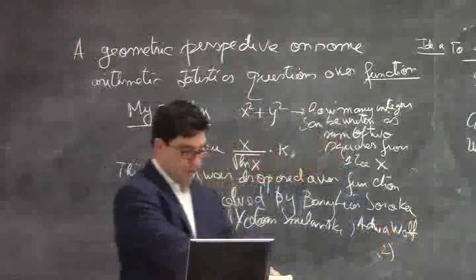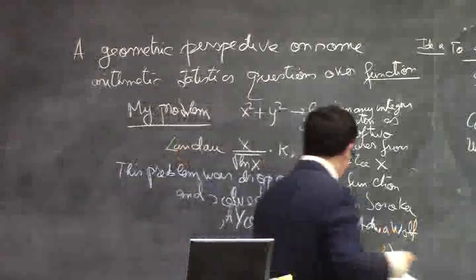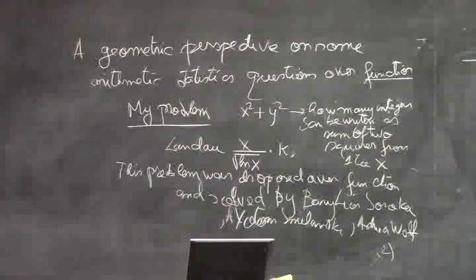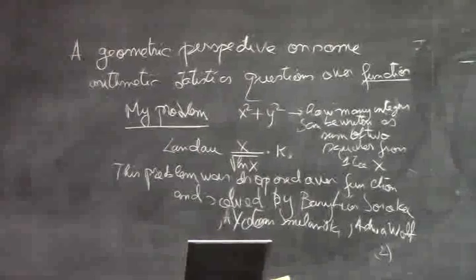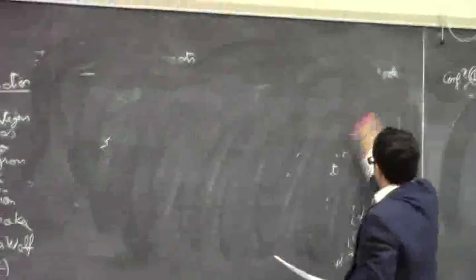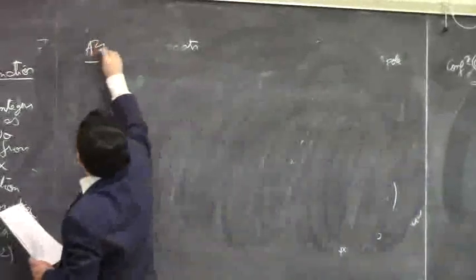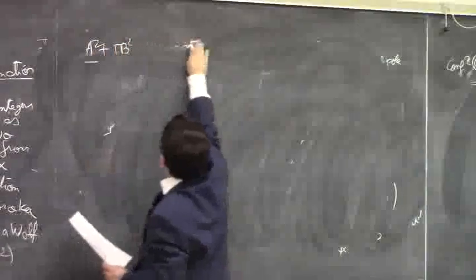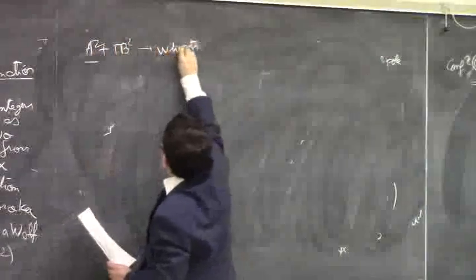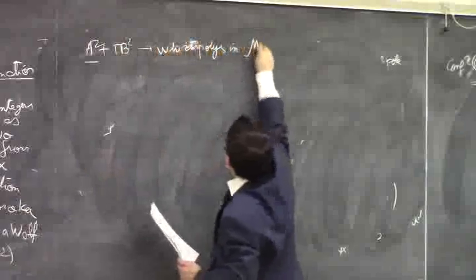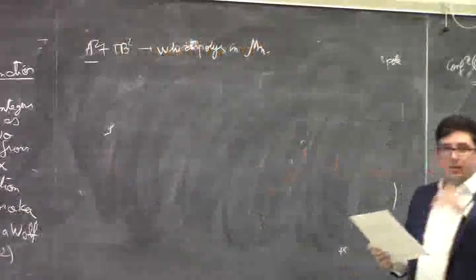So when I say the function field version of it, what you should have in mind is, okay, look at a squared plus t b squared, and so which polynomial in M_n can be written like this. Okay?